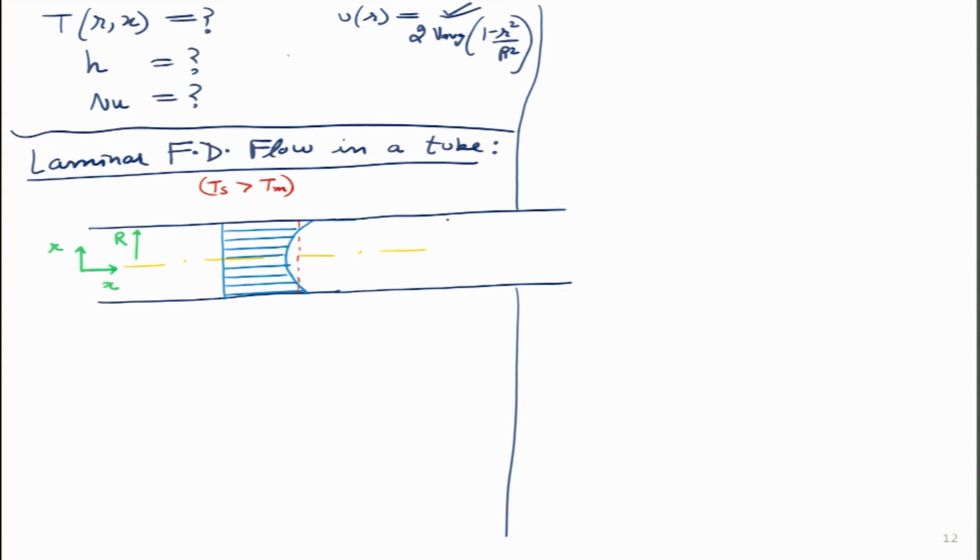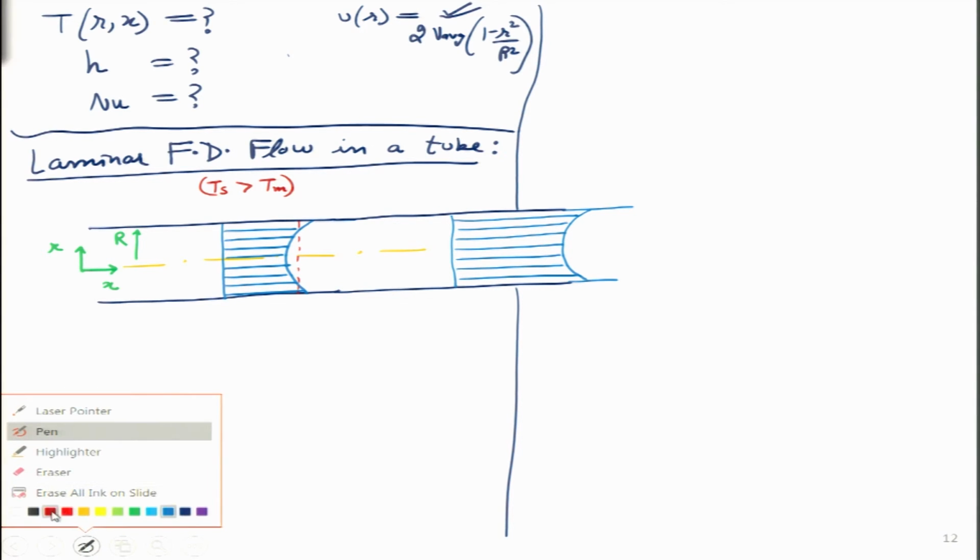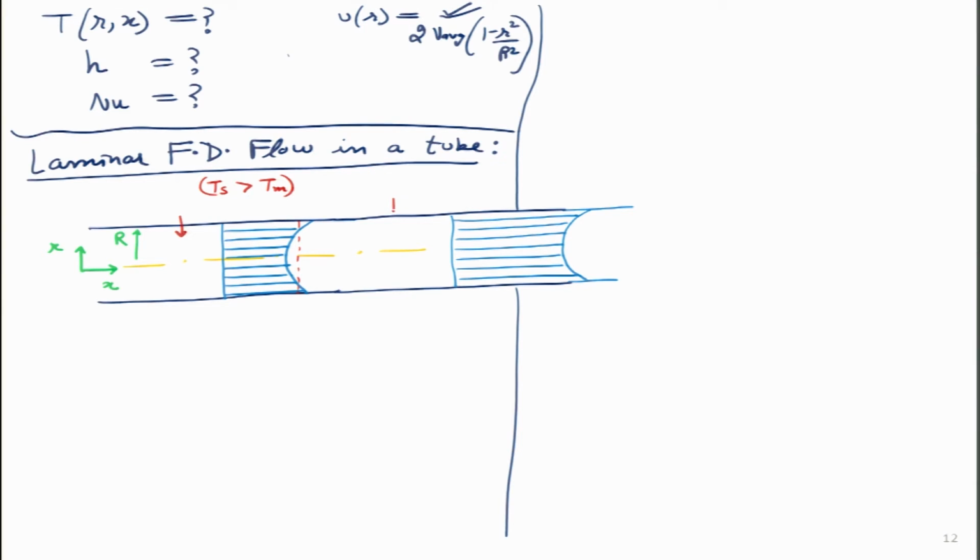So, if I go to longer distances, here the temperature profile will be much longer over here. And why is it that the temperature is increasing? Simply because we are heating the pipe from all sides. So, heat is coming in from here, over here. As the fluid is going forward, its temperature has to increase.